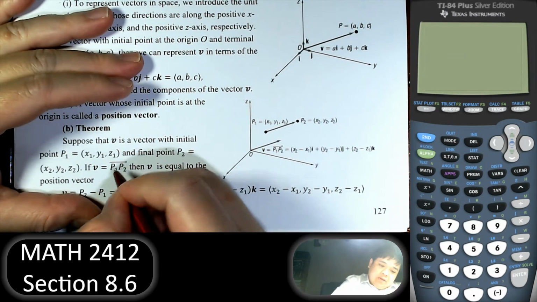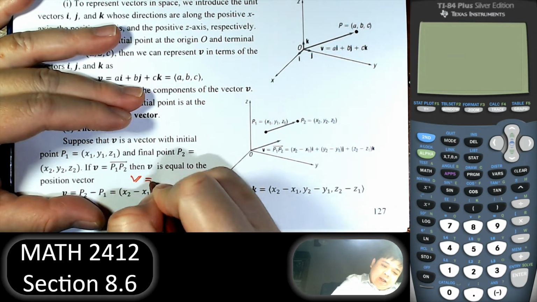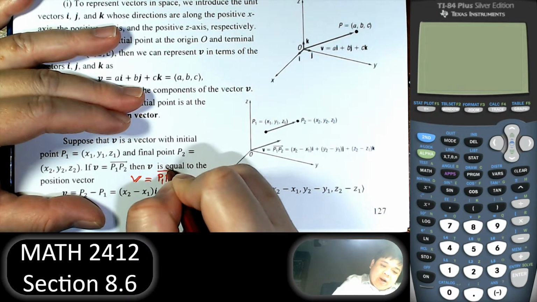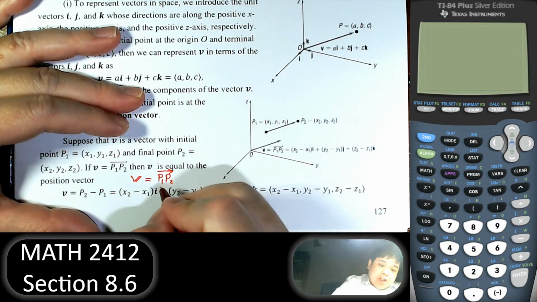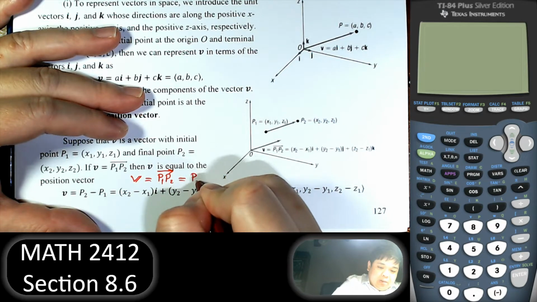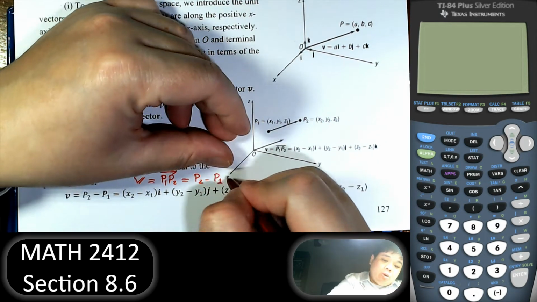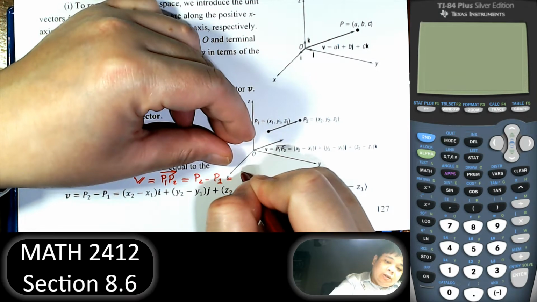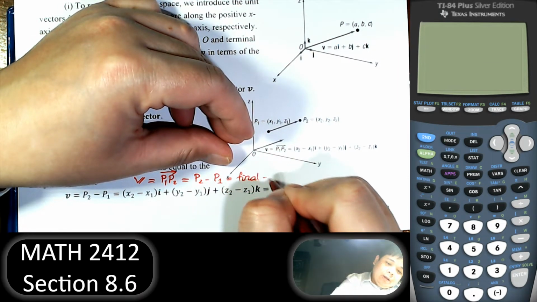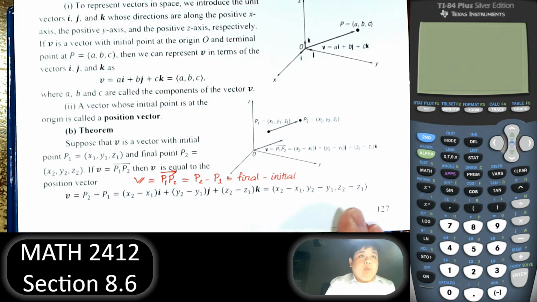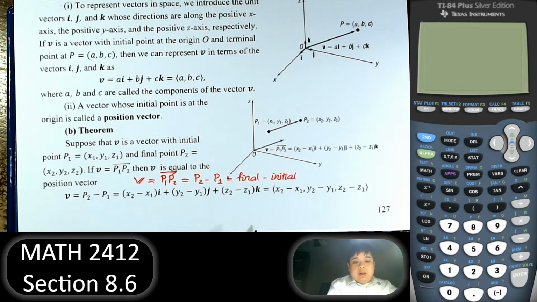So vector v is equal to p1 p2. The vector connecting p1 to p2 will be p2 minus p1, so it's always the final point minus the initial point. And then we can write it in ijk components or angular bracket notation.